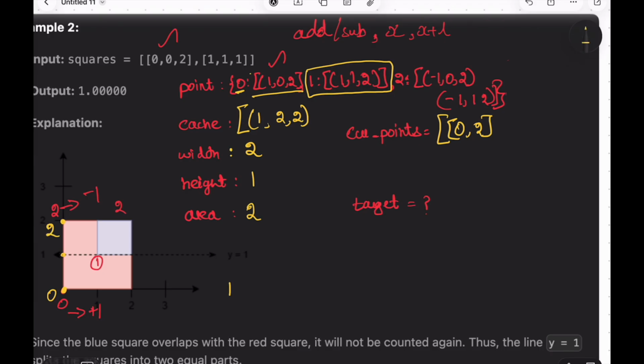So 2 minus 1 will be 1. So we erase this, this should be 1 again. And now the width will be, again this is 1 and 2, so the width again will be 2, and now the area will be again 2, which we have to increment here, which results in 4.